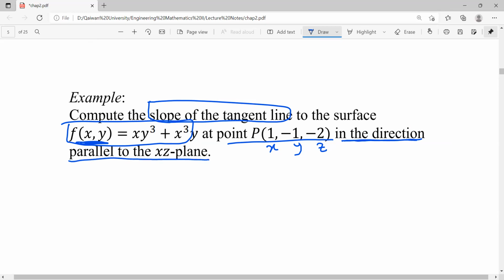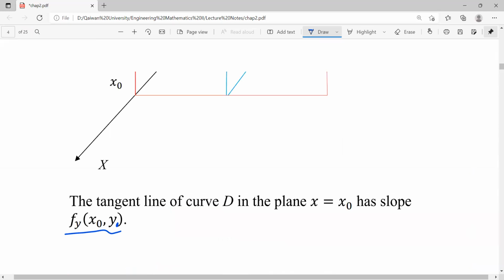It says the tangent line is parallel to what? To the xz plane. Look, that means it's at y naught, and it's parallel to the xz plane. We said if it's parallel to the xz plane, we take f sub x, but if it's parallel to the yz plane, f sub y. Here we have f sub x because it says it's parallel to the xz plane.